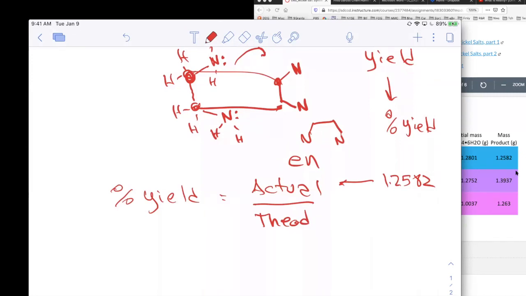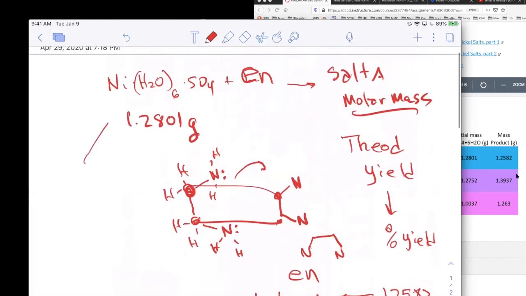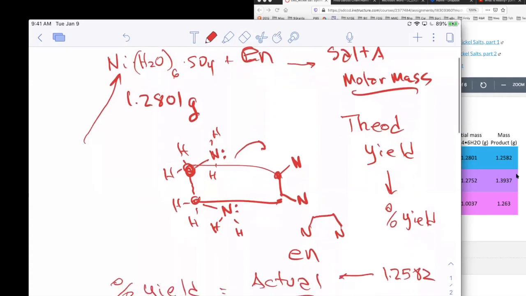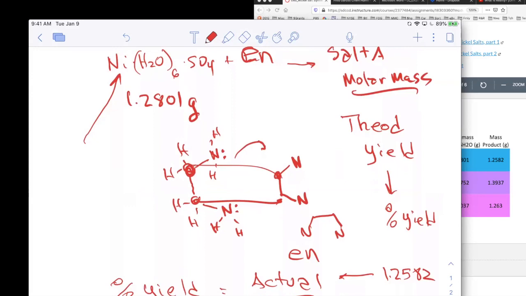Let me just remind you that the molar mass for this chemical right here is about, let me double check. The molar mass of that chemical would be about 282. Let's say it's about 282.0 grams per mole. It's somewhere around that ballpark, okay?